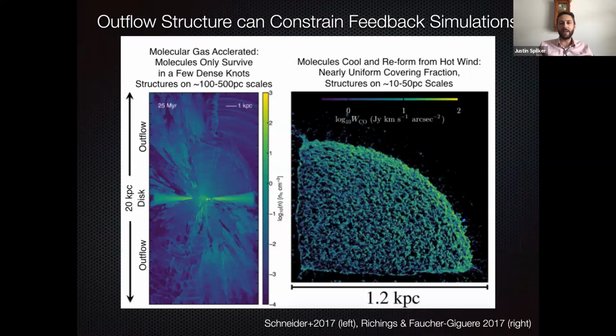And so basically what ends up happening in that case is that whatever cold gas you find in your wind is basically the coldest and densest regions before it started getting pushed on. So only these really small clumps, these few dense blobs are able to survive being accelerated out into an outflow.